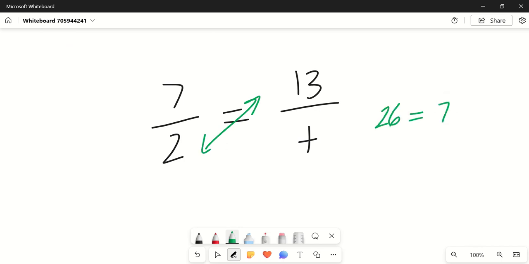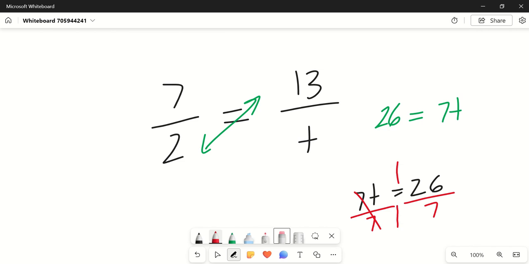So 7 times t, or 7t, should equal 26. Now remember, when we deal with variables, we want to isolate the variable. So we are going to undo what's happening to t, which is it being multiplied by 7. I'm going to divide by 7 to cross that out, but I'll have to do the same thing to the other side of the equation. So t will equal 26 divided by 7.